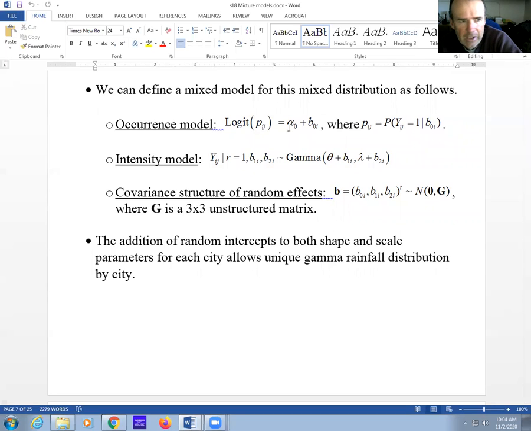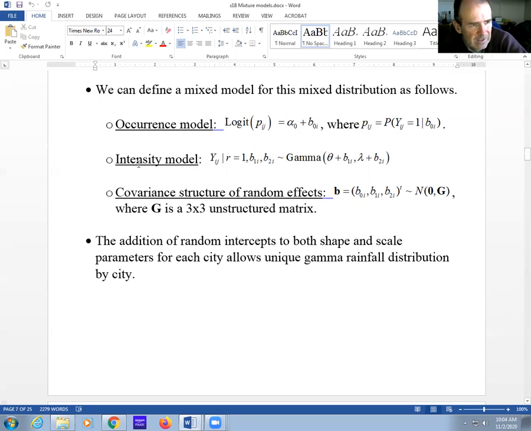So there's going to be some average or intercept level that we estimate. And then we're going to have a random intercept, which will allow certain cities like Seattle, where it rains more, to have a higher value, and places like Phoenix, where it's drier, to have a lower value. So their deviations are going to depend on the climate that they have.